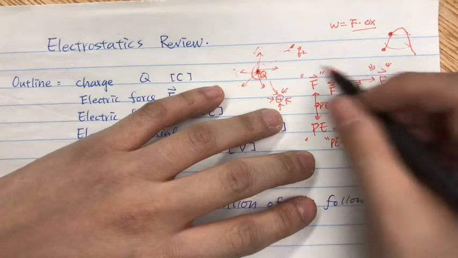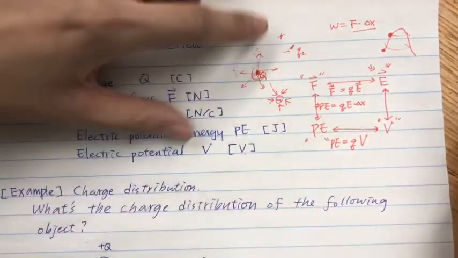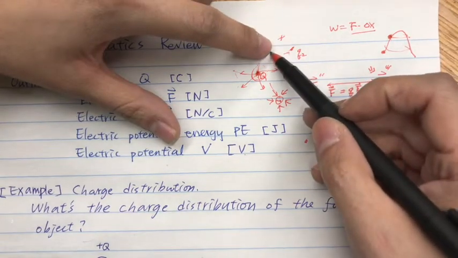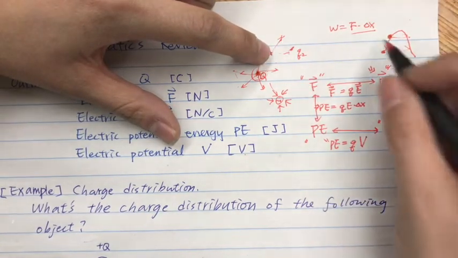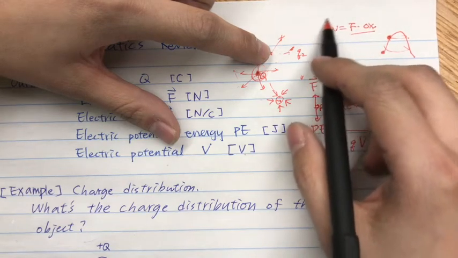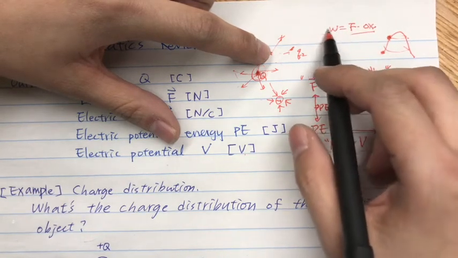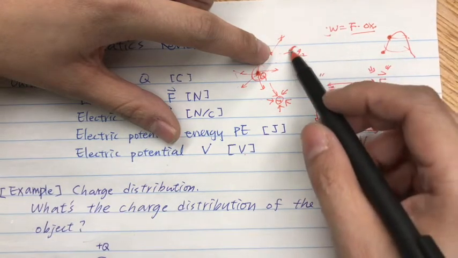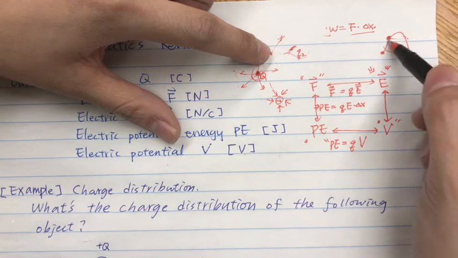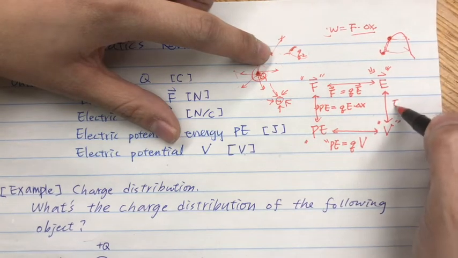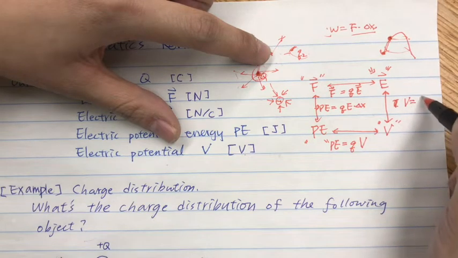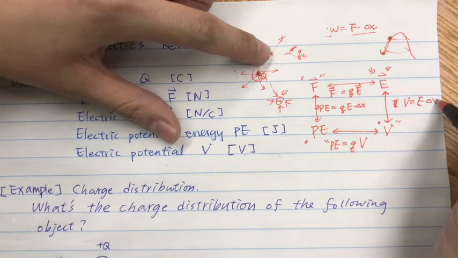If we have an electric field at some certain point, and then we move from here to here, we can also define an E times delta X. Right now it does not work because there's no extra charge. It's just the elevation and the field. So we can similarly find a relation that V equals E times delta X.